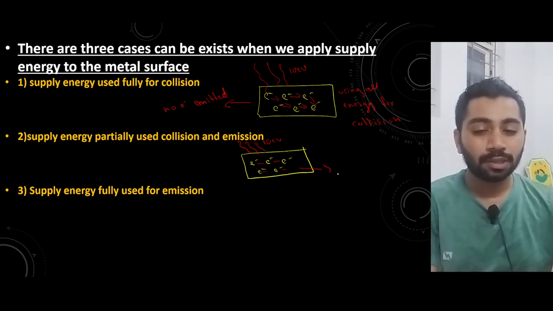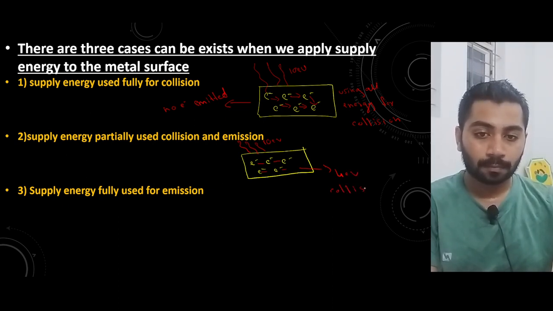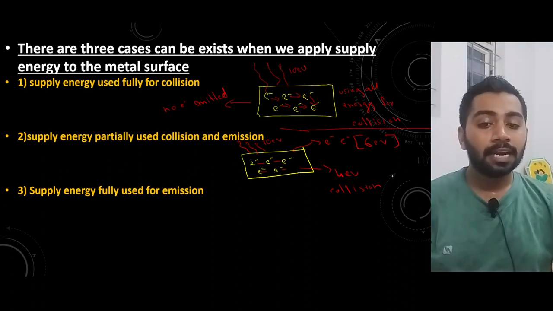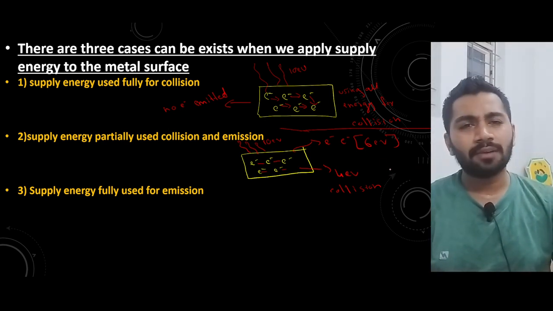Let's say 4 eV for collision. Remaining electrons are eliminated outside, which is 6 eV. Balanced, partial. It may be different, 2, 3, 4, 5, whatever.